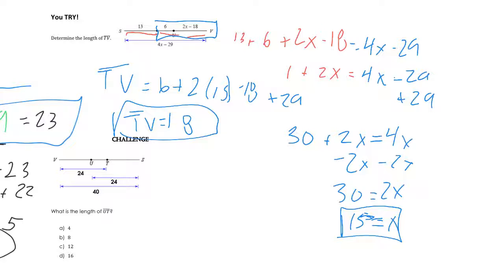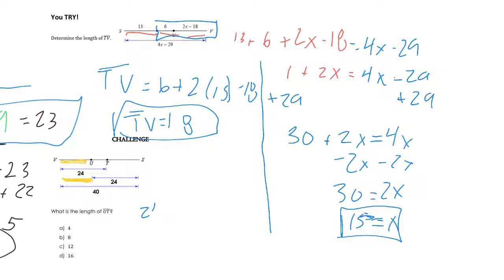Then the bottom one. Let me just box this off. This is a little more challenging and might be hard to figure out at first. But if I look at this line, I see the whole thing is 40. If I want to find VU, that's this piece here. Well, I see 24 plus VU has to equal 40.